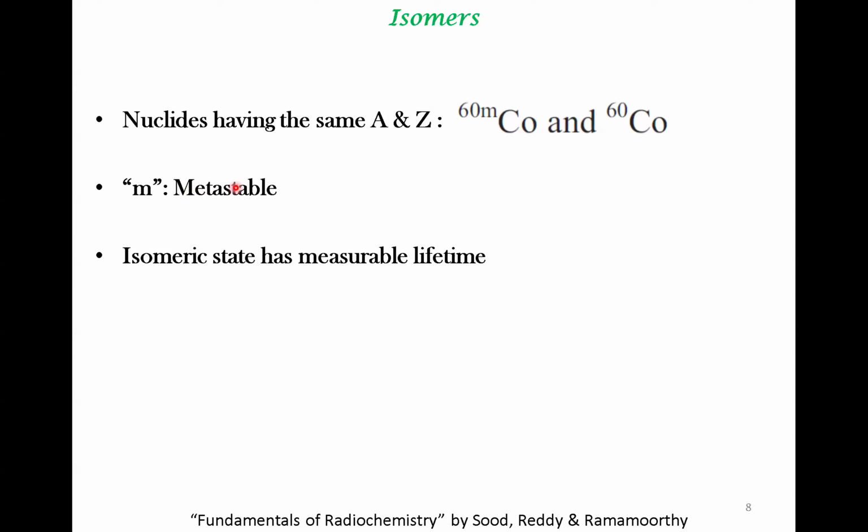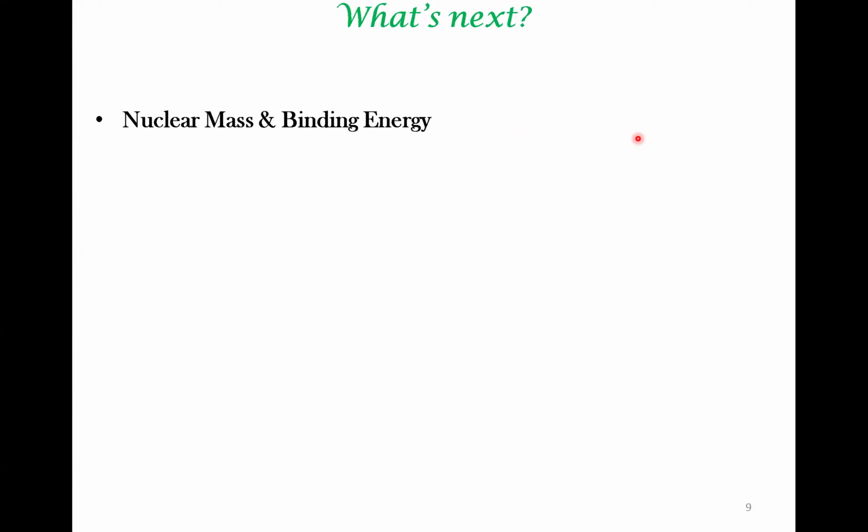Metastable means it is in a local minimum, not a global minimum. You can measure the lifetime of this object. Then it will emit a gamma photon and go to the ground state.